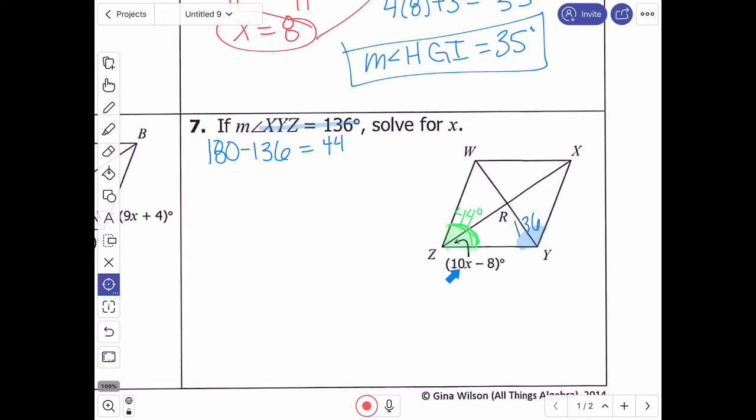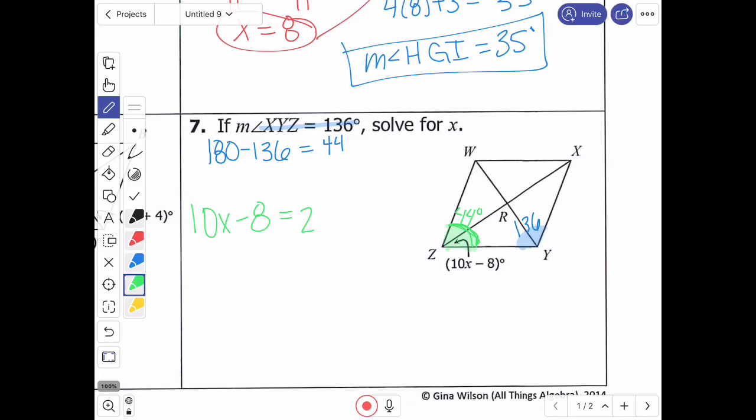So I can set 10x minus 8 equal to 22, because that's really what the actual degree measure should be. So I can figure out what x would be to get up to that 22 degrees. I'm going to add 8, and I have 10x equals 30, divide by 10, and x equals 3. And that's it.